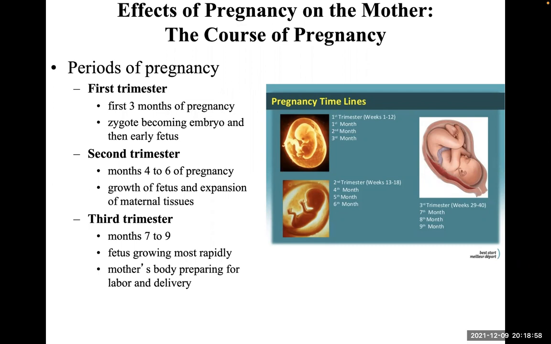During the second trimester, what you see is continued growth of the fetus, and a lot of changes, as I mentioned, to the maternal system in preparation for delivery. In the third trimester, you see further preparation of the maternal system, and not a lot of differentiation to the fetus, but growth.